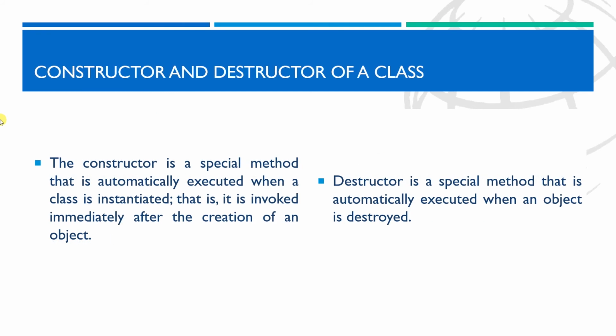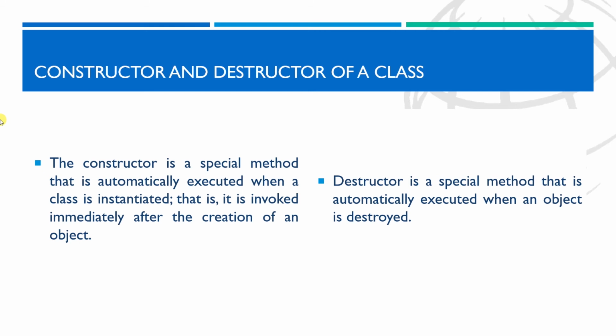And we now need to know the definition of a constructor and a destructor of a class. The constructor is a special method that is automatically executed when a class is instantiated.